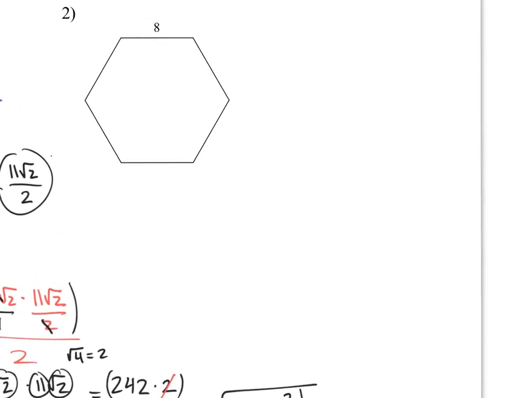Number 2 looks like it's a hexagon. I know that all of the angles in a hexagon have to add up to 720 degrees. And I use that by using last week's idea that the angle sum of a polygon equals 180 times the number of sides minus 2.